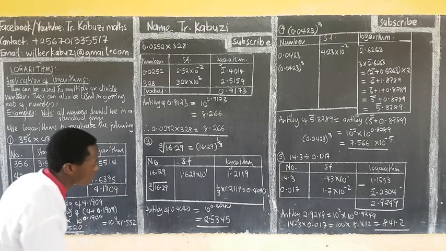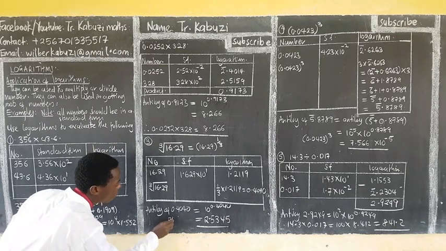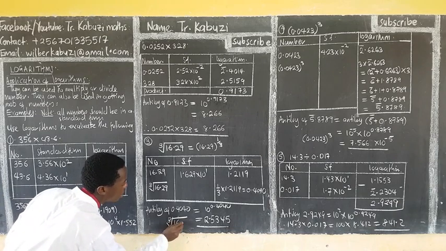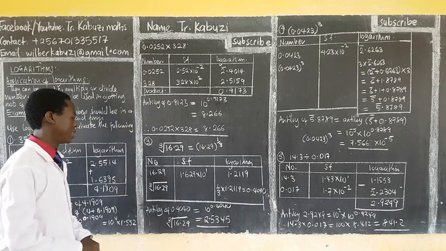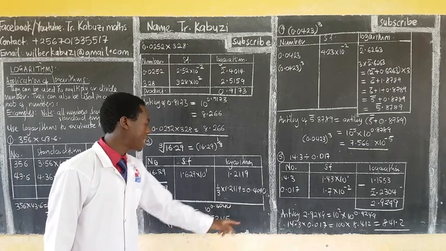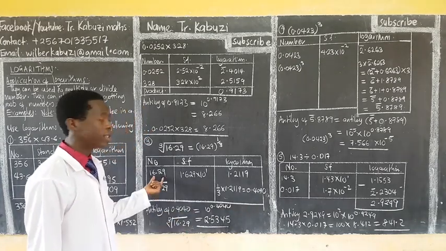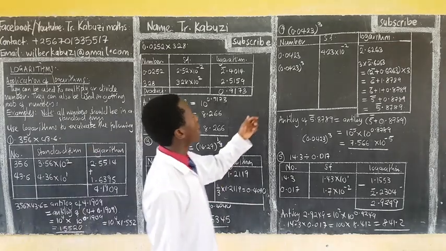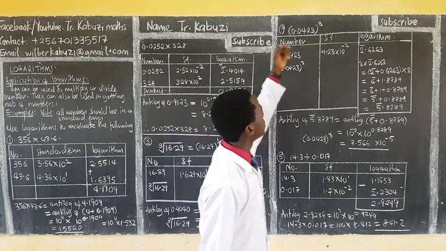Now the cube root of 16.29 will be that. When we get the antilog of what you got here, it will be the value of what you are calculating.